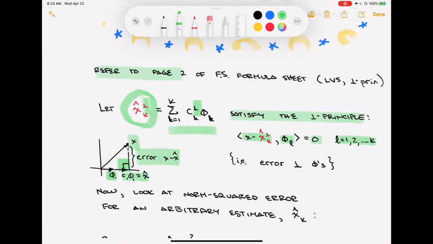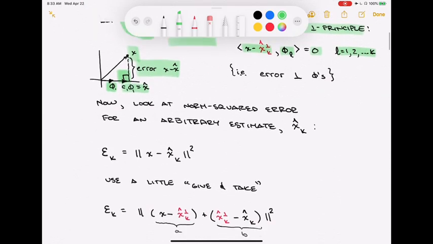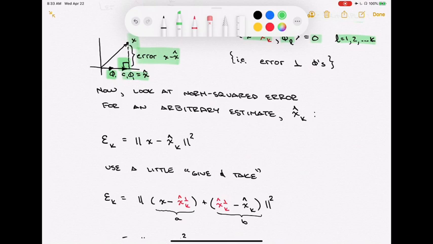So we started out by saying, let's think about having in hand this estimate that satisfies the orthogonality principle. That is making the error orthogonal to the data. What are we going to do with that? We're going to compare it performance-wise to an arbitrary estimate. That arbitrary estimate we can just call x hat sub k, a k-term estimate.